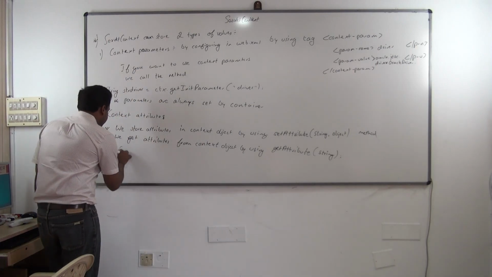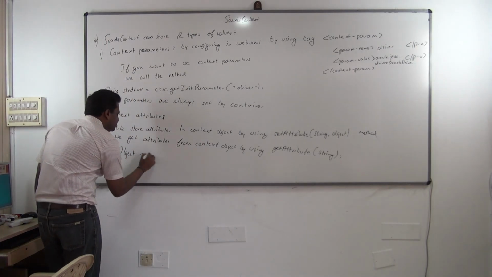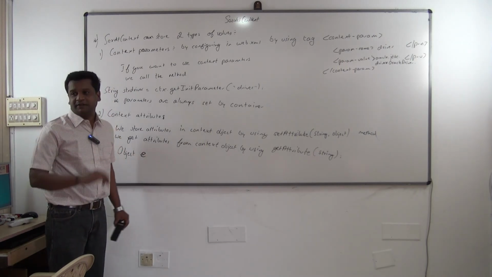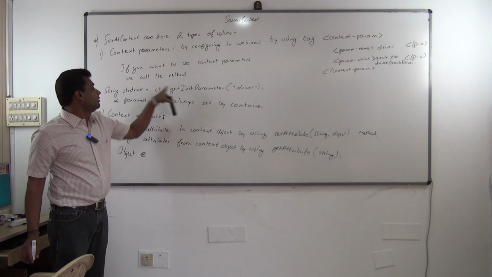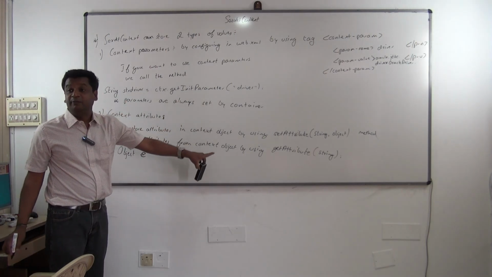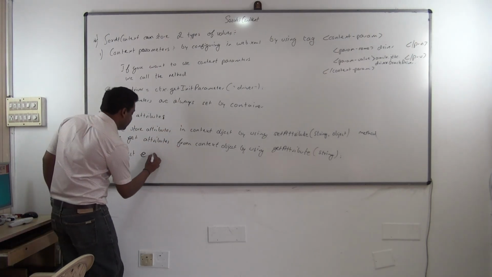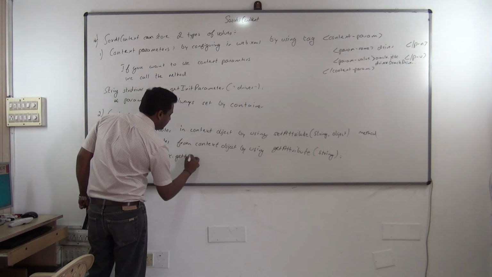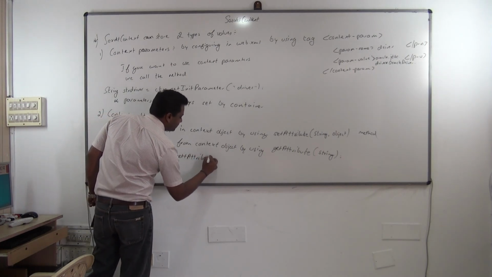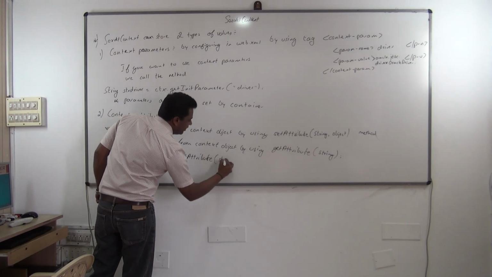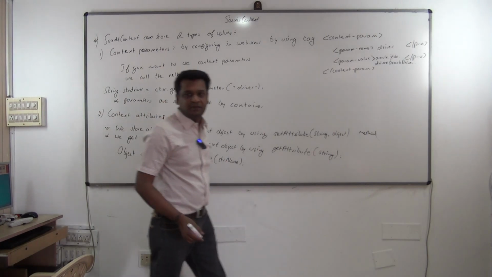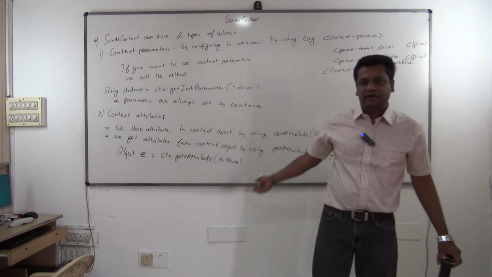It will be something like this: Object e equals, the return type of getAttribute is Object. The return type of getInitParameter is String. The return type of getAttribute is Object. So Object e equals ctx.getAttribute, and you'll go with the name here, strName. That string is nothing but a name. I'll be showing you with an example and you'll understand this.